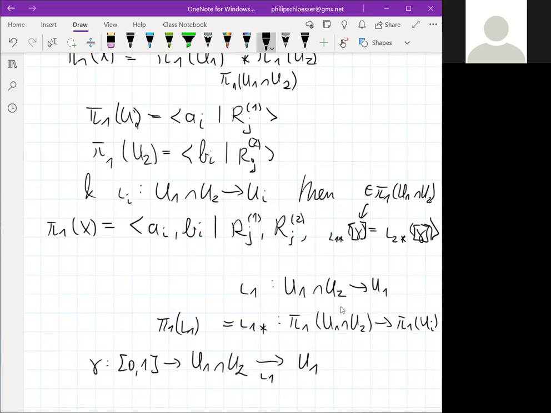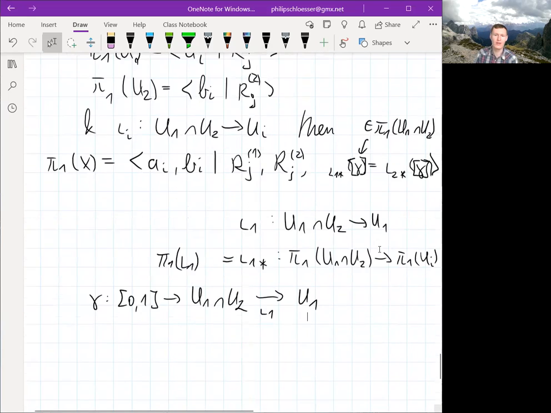So it's just gamma dot I1. It would just be gamma dot I1 in this case. I1 dot gamma, yeah.